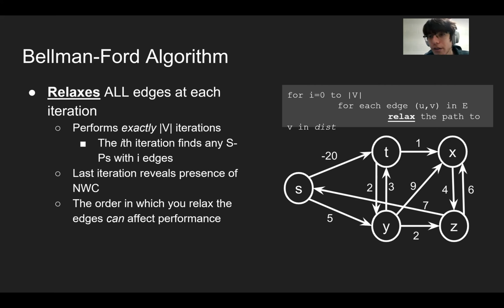The way we do that is, if we're still able to reduce distances even on the Vth iteration, there has to be a cycle. Not just a cycle, but a negative edge weight cycle, which is not good. The order in which you relax the edges can affect the performance, so that's something to keep in mind. It can affect the performance, but it won't affect the results.